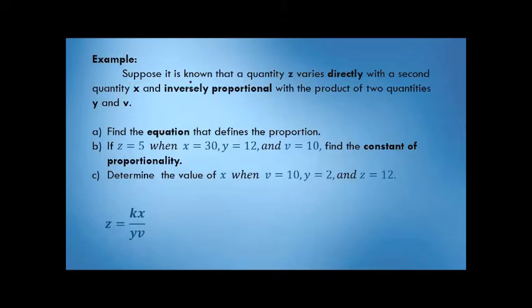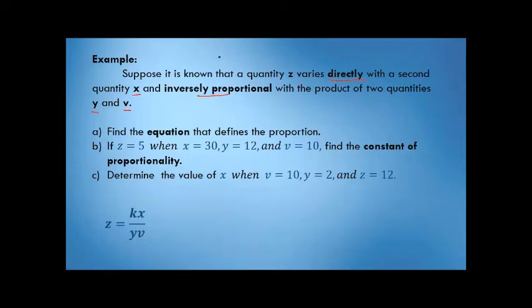Suppose it is known that the quantity Z varies directly with a second quantity X and inversely proportional with the product of two quantities Y and V. So, meron tayong apat na variable.